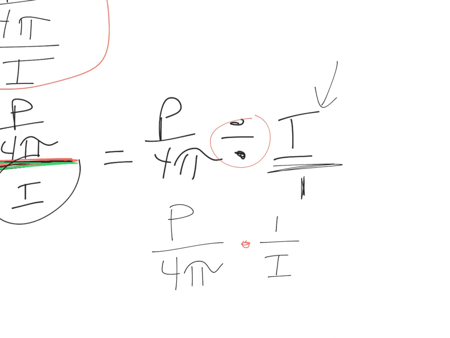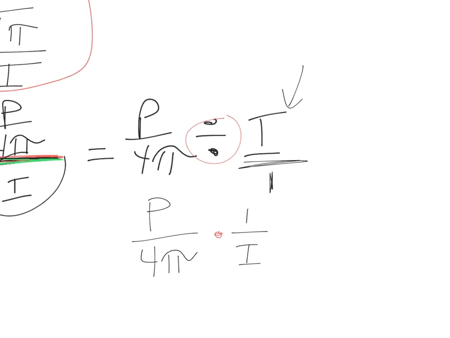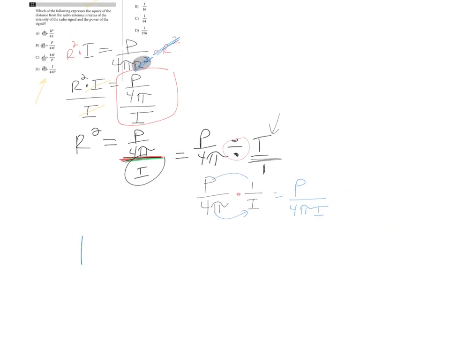So I have P over 4 pi times 1 over I. So now if I simplify this, I have P times 1, which is just P, over 4 pi times I. So that's what r squared is equal to. r squared is equal to P over 4 pi I.